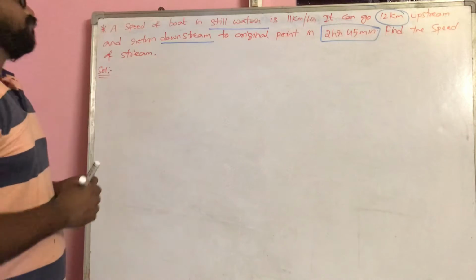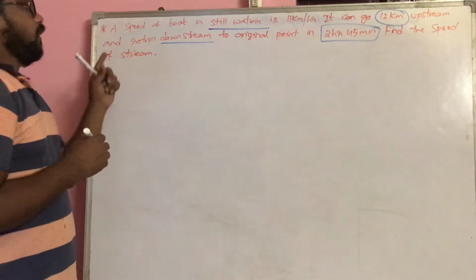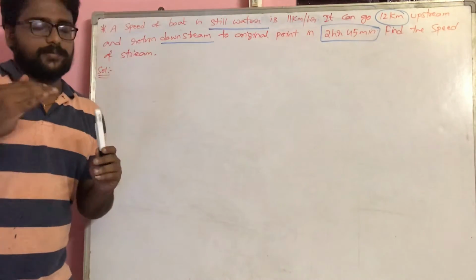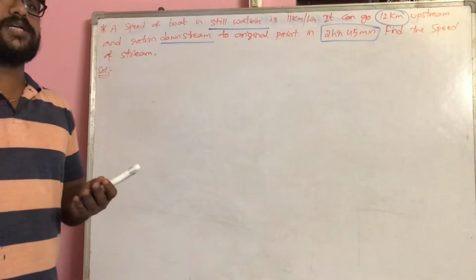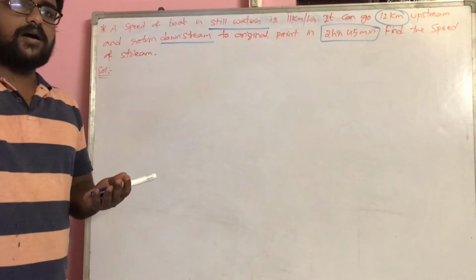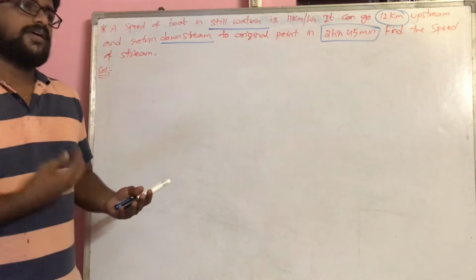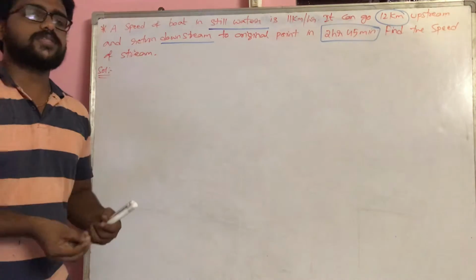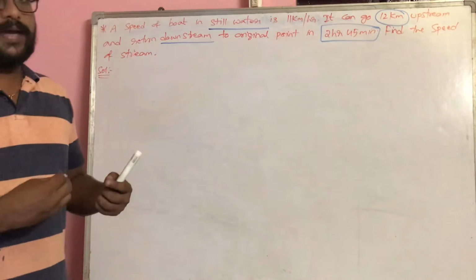Now see here, it's a simple thing. A boat, when it is moving, may be going upstream or downstream, indicating that you are going upwards or you are coming towards the downside. Just imagine yourself driving a car or a bike.